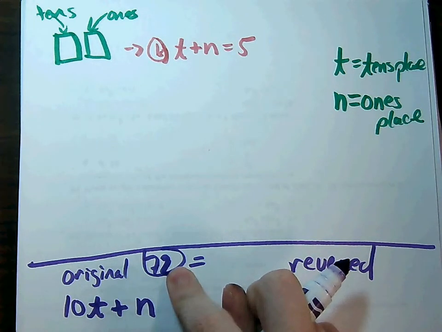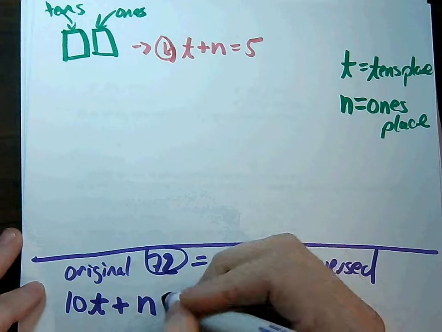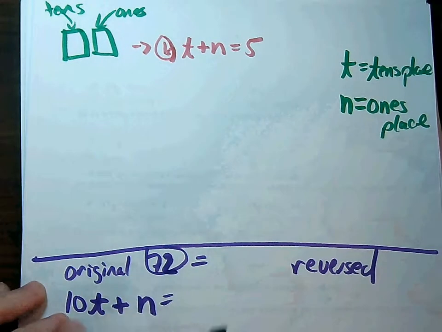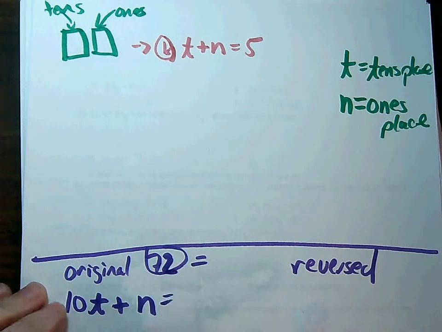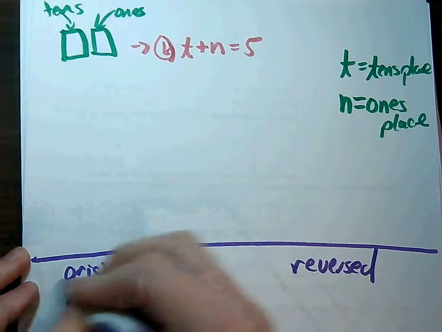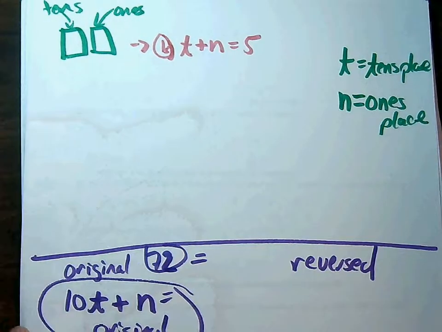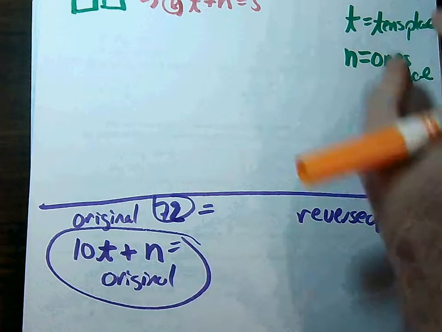Does everyone see that? I had to do that because if my numbers were 7 and n, it'd be 10 times 7, which is 70, plus n would equal that number. This is how I show my original number when I have two digits of place value. Now, when we do reversed, I still am using the same variables.